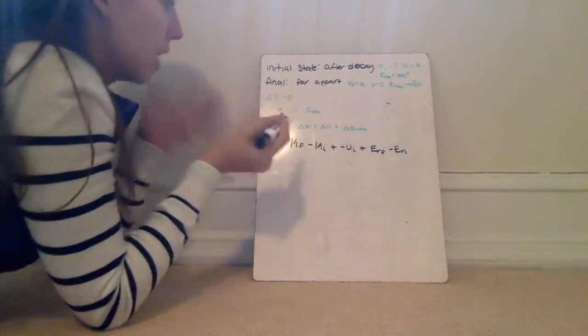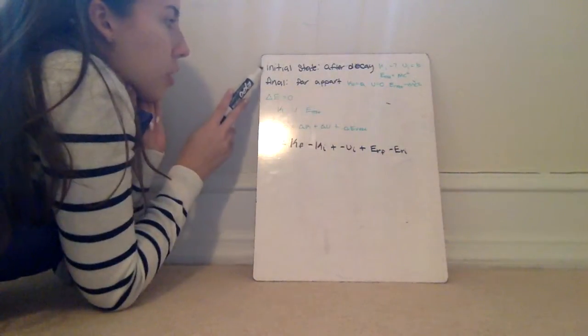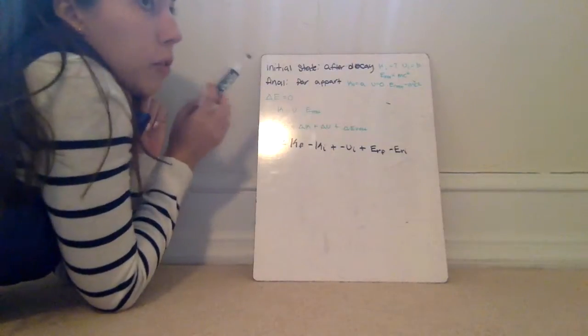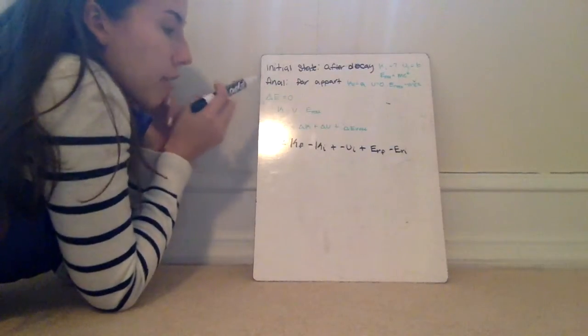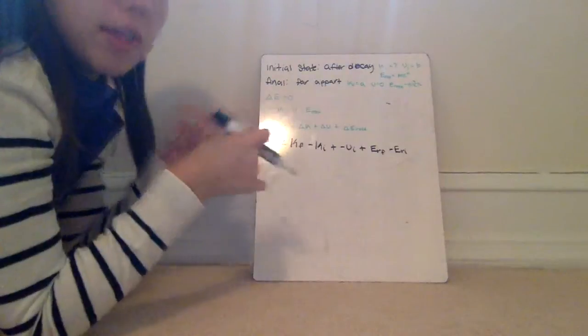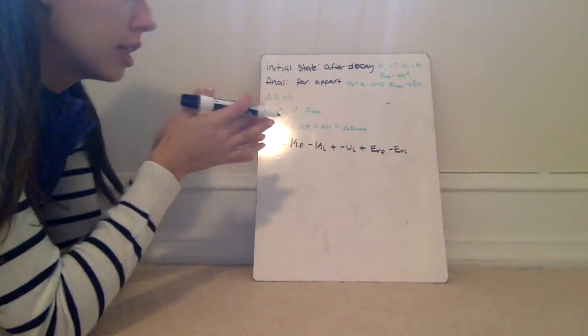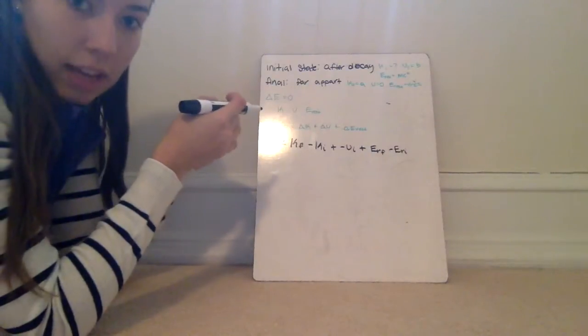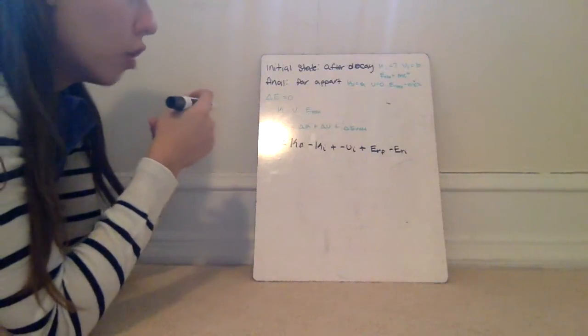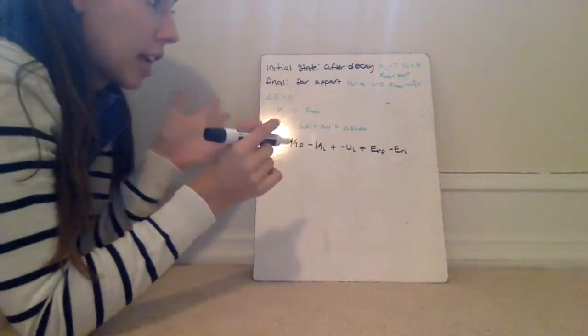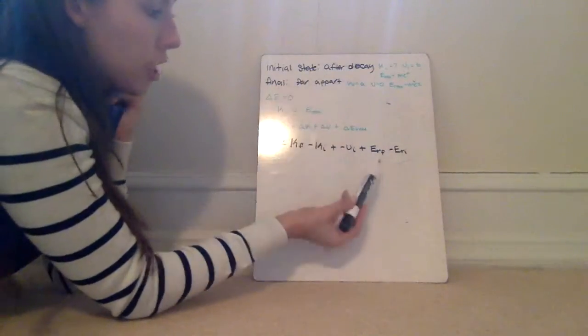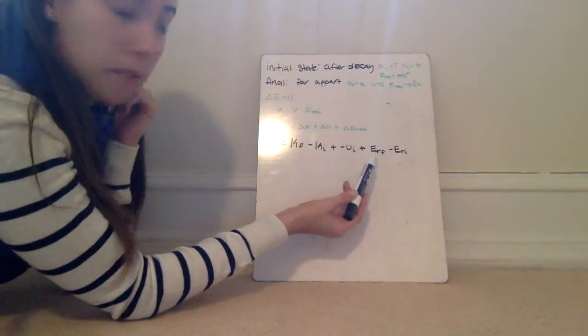In our case, since the initial state is right after decay and the final state is when they're really far apart, we have the same particles. So we have the same mass in both situations, and obviously c is the speed of light, so that doesn't change. So our rest energy is not going to change in this case. We could solve for both of the rest energies, but they would just cancel out in this equation because they're going to be the same thing.